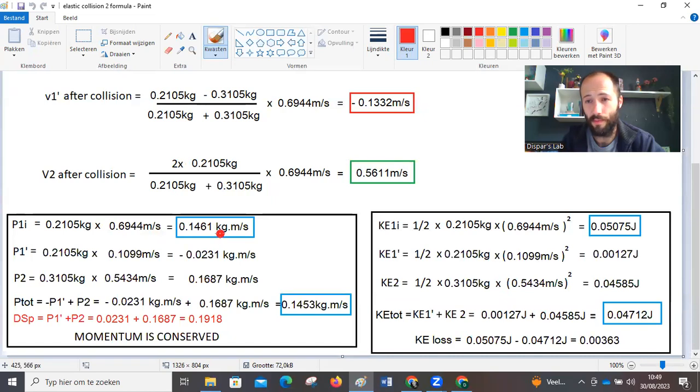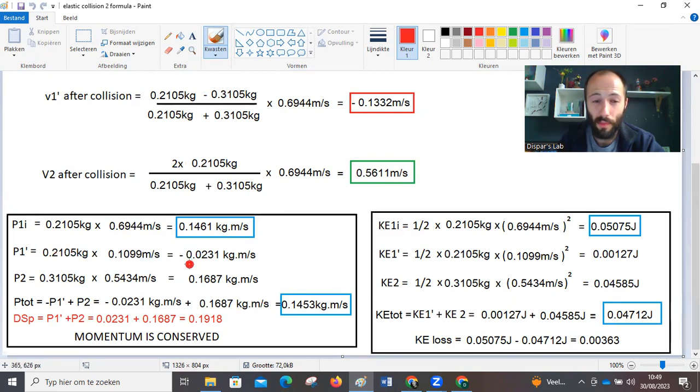So now, okay, the first car after collision bounces back. According to mainstream physics, momentum is a vector, and so when it goes in the opposite direction, it's going to be negative. So let's just try it out. Mass times velocity.